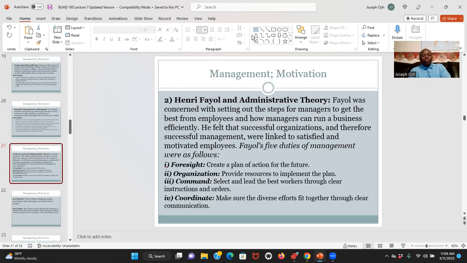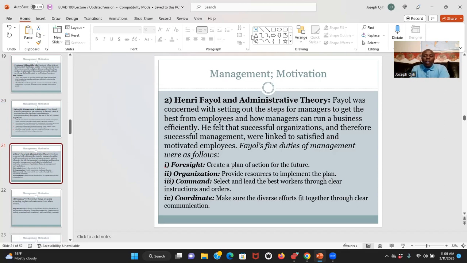Now, at this point, we are ready to look at the administrative theory, and we look at it the way Henry Fayol, who is also a management thinker, approached it. So Henry Fayol and the administrative theory, the main concern he had was with setting out the steps managers take to get the best for employees.